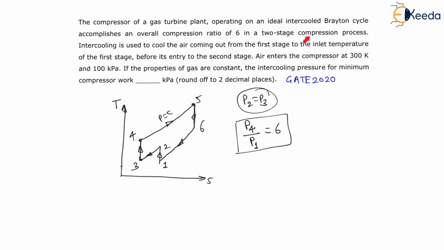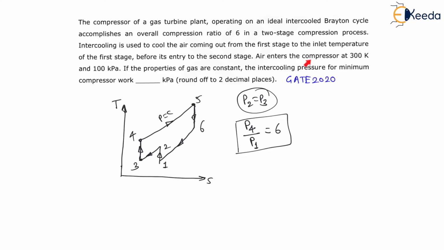Then in the two-stage compression process, intercooling is used to cool the air coming out from the first stage to the inlet temperature of the first stage before its entry to the second stage. The meaning of this is the intercooler is used to remove heat from the compressed gas of the first stage, right? This is the purpose of intercooling.